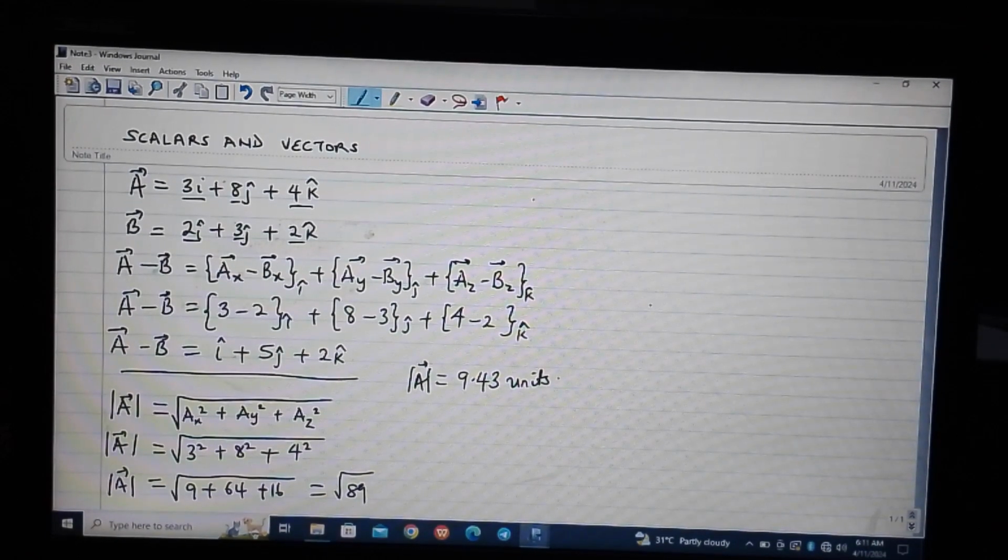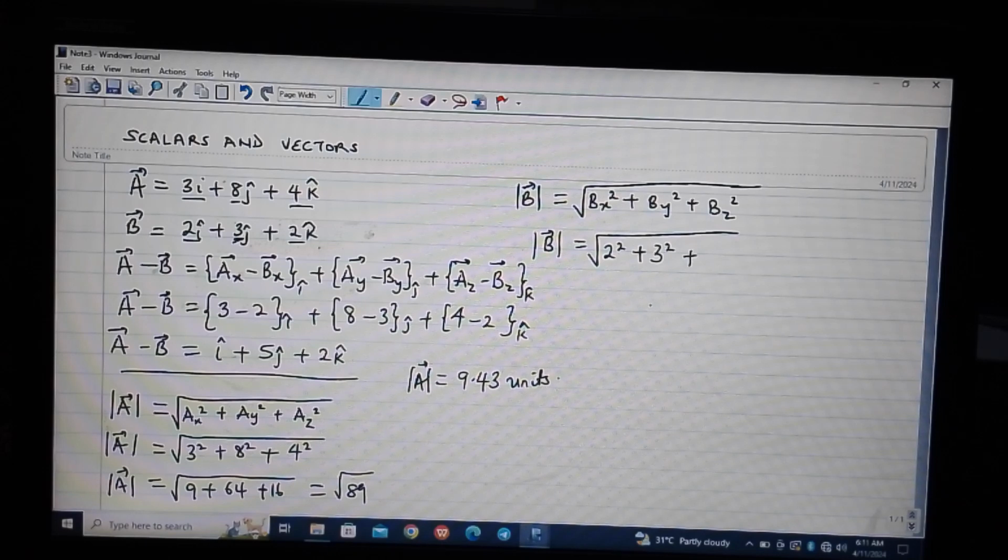Then for the vector B, we want to find the magnitude of B, just the same way we did for A. So that the vector B magnitude will be equal to BX is 2, so we say 2 squared. BY is 3, we say 3 squared. And BZ is 2, we say 2 squared.